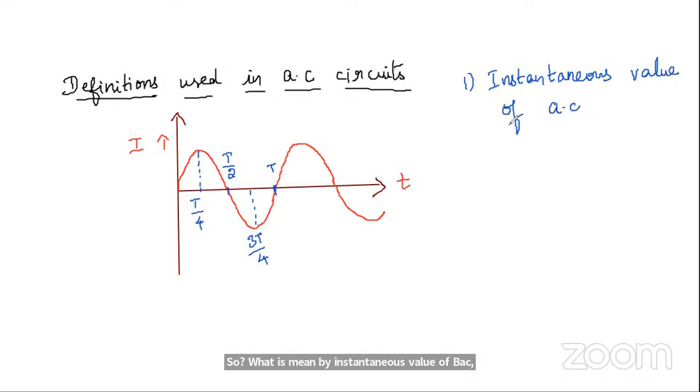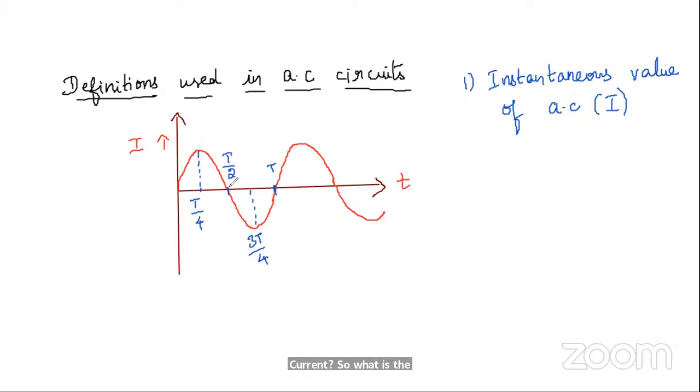At any point you can find out the current. Here I am considering the instantaneous value of current, but you can also have voltage along the y-axis, in which case you can find the instantaneous value of AC voltage. Here I have taken the example of current along the y-axis and time along the x-axis.